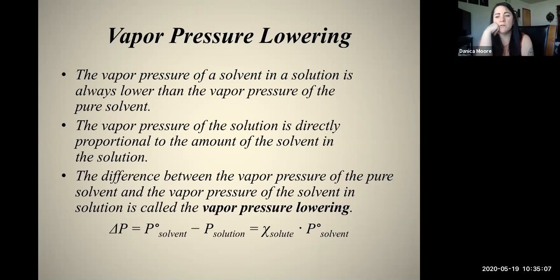What do I mean by a solute that's non-volatile? What does that mean? So when we talk about volatility in a liquid, what are we talking about? Not about reactivity.